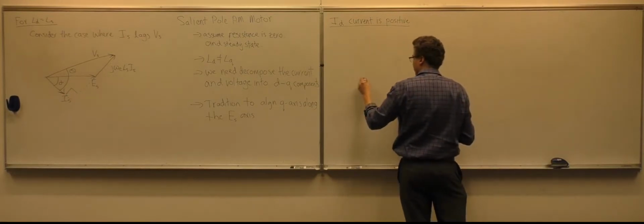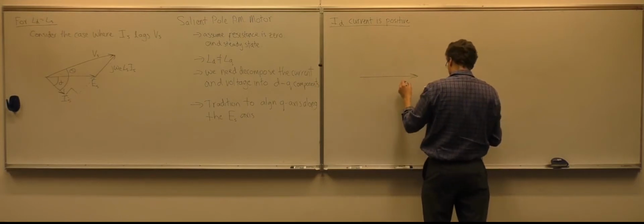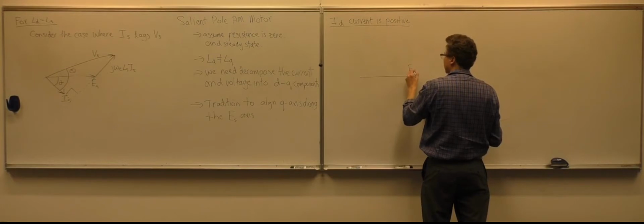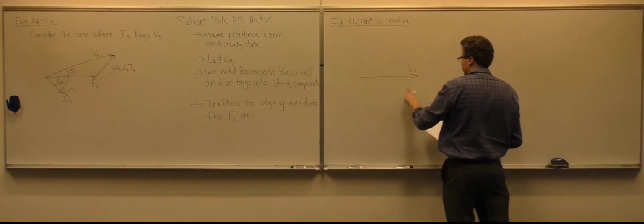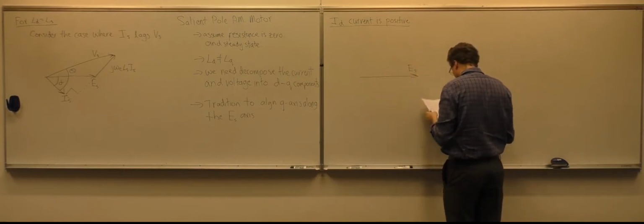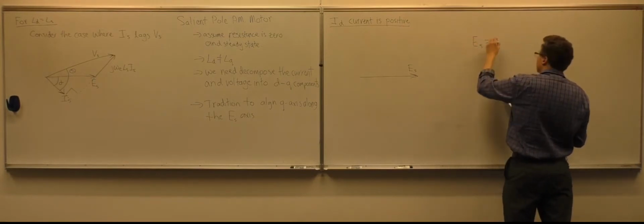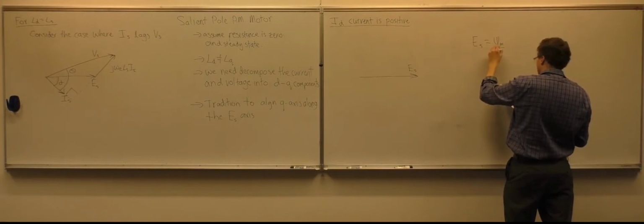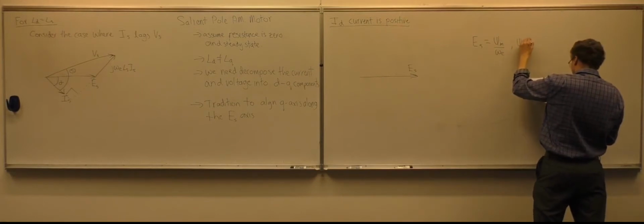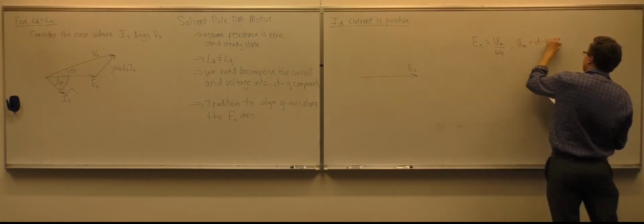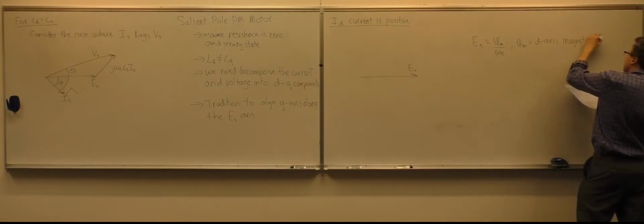So we're going to have some ES that's due to the rotor. So ES is equal to psi m over omega e, where in this case psi m is equal to the d-axis magnetic flux.